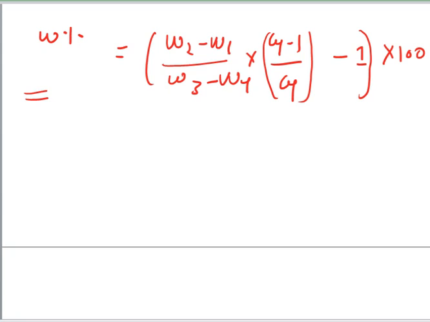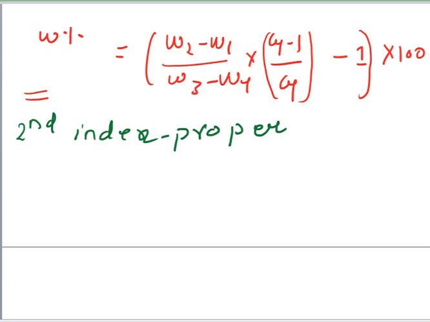Now, the first index property, water content. What is water content and the methods to derive it has been completed. Now let's move towards the second index property. Let us go with specific gravity, because specific gravity is also determined using Pycnometer method.